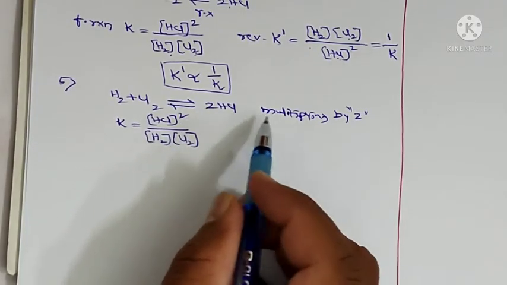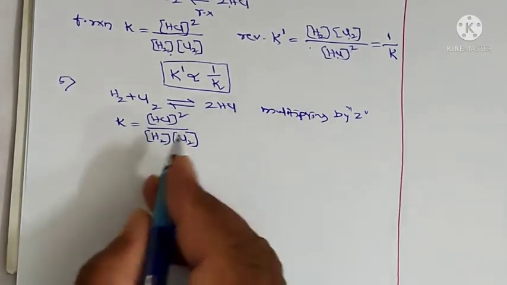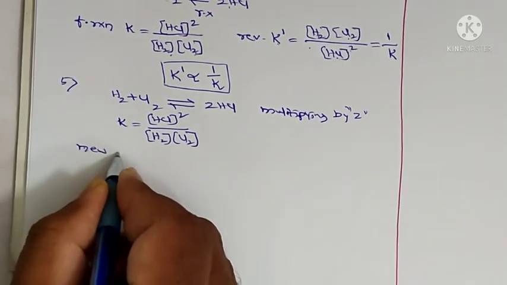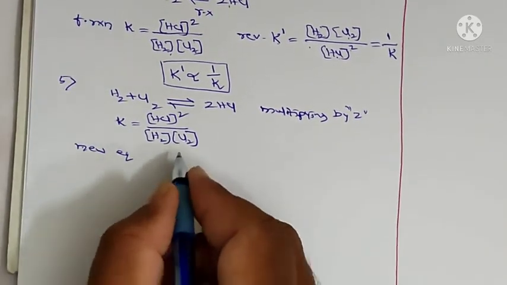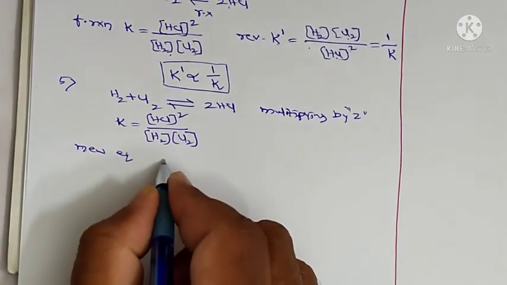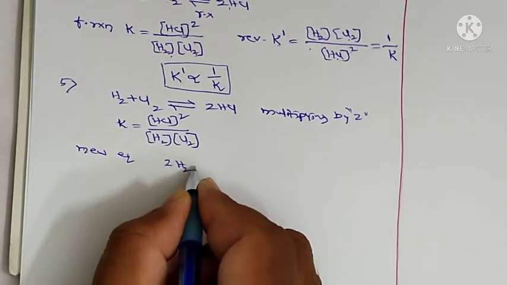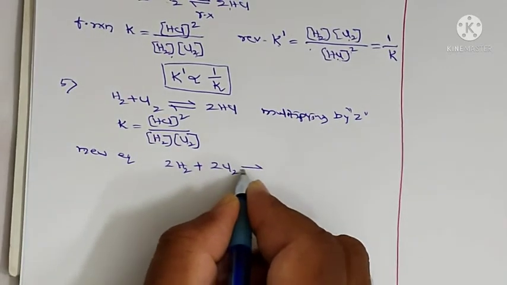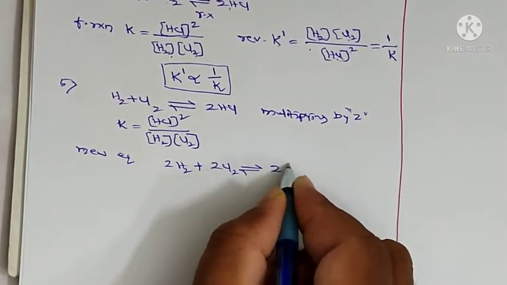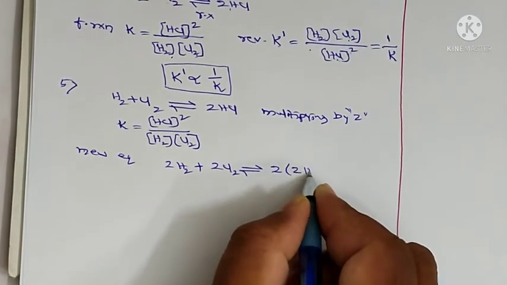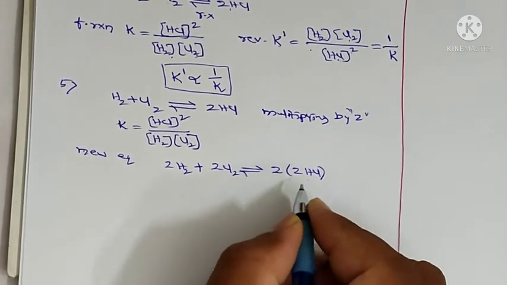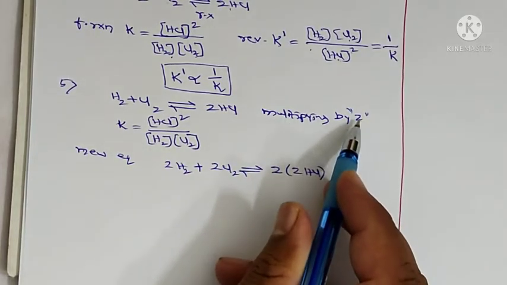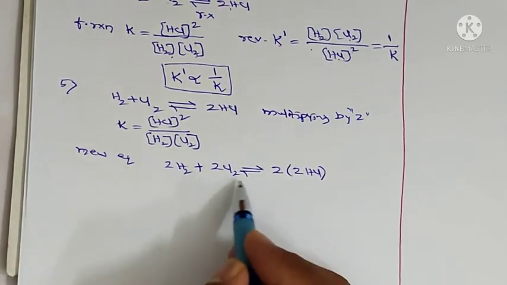Multiplying this equation by 2, the new equation is 2H2 plus 2Cl2 in equilibrium with 2 into 2HCl. This entire equation is multiplied by 2, and then we get a new equation.